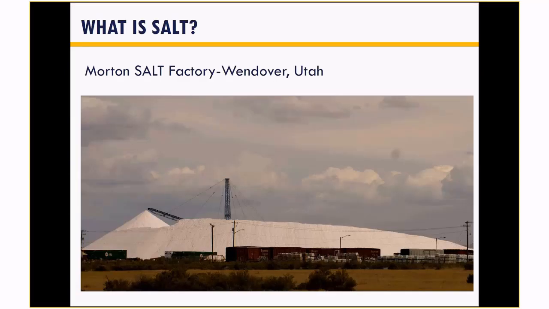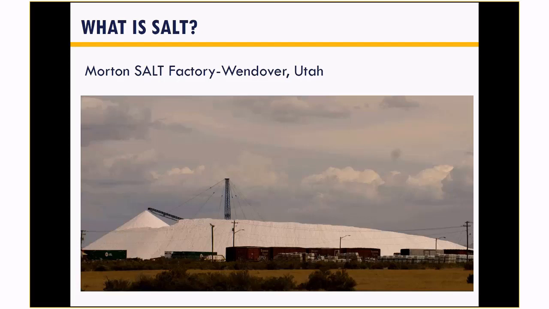One question we get quite a bit is, what is SALT? As we are commonly referred to in the accounting world, what our specialty is referred to as SALT. Well, this on your screen is salt at a Morton salt factory in Utah.